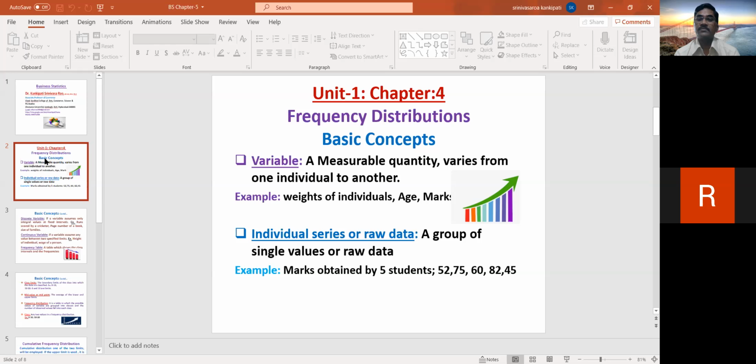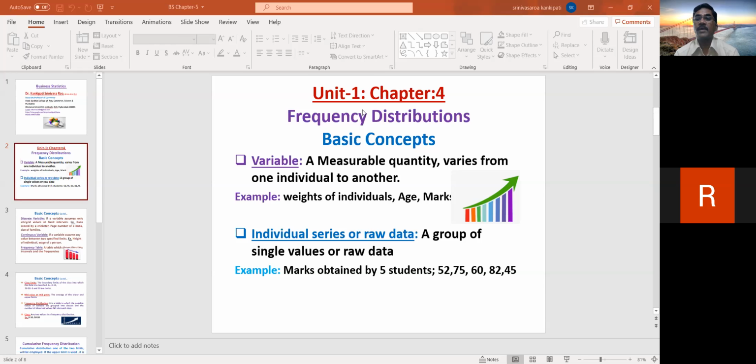Weights of individuals: one individual's weight will not be the same as another individual's weight. So it varies from person to person. One person will be 40 kgs, another 50 kgs, 60 kgs, 70 kgs, like that.